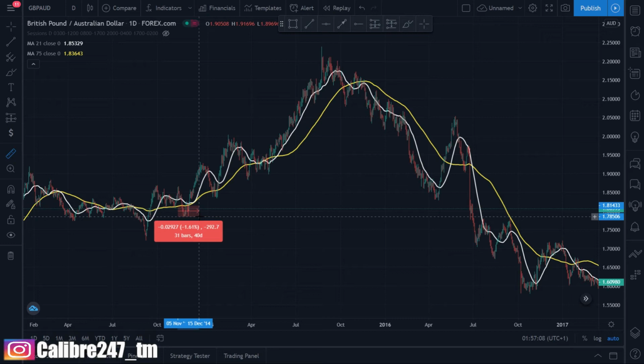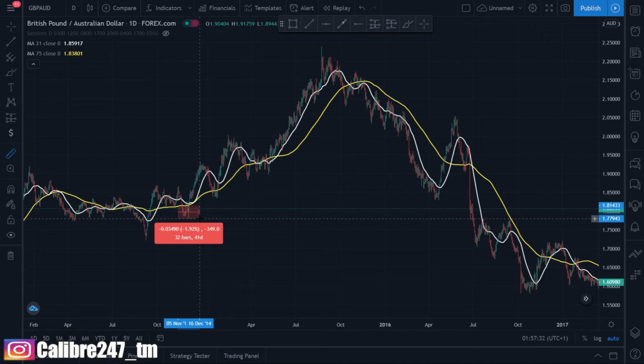So that's 2,900 points. So your stop loss would be something like, let's make it 3,000 points, which is plus minus 300 pips. So let's make it just 350 pips. So that's 3,500 points, right? That's where your stop loss should be for you to be safe.